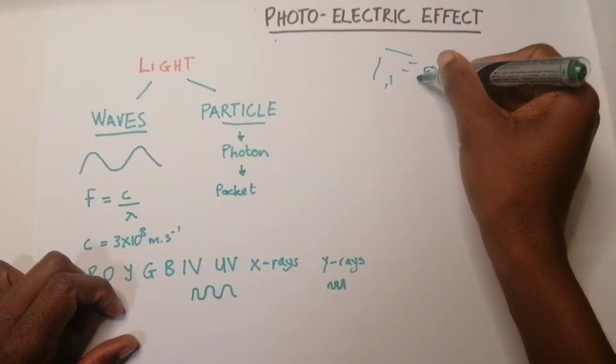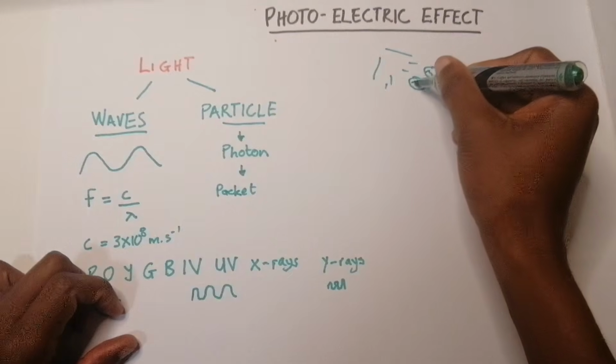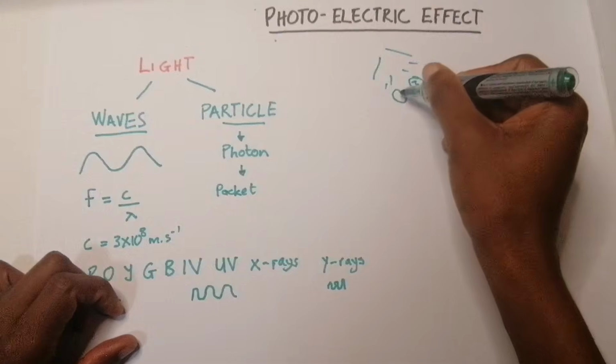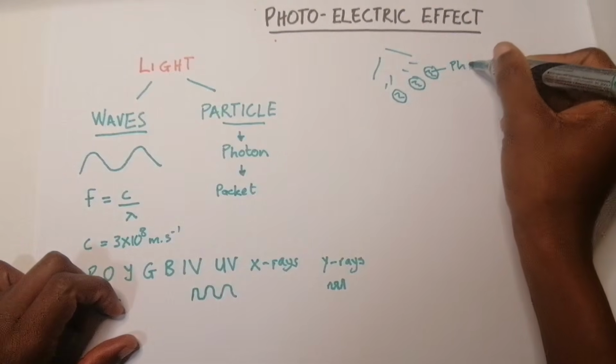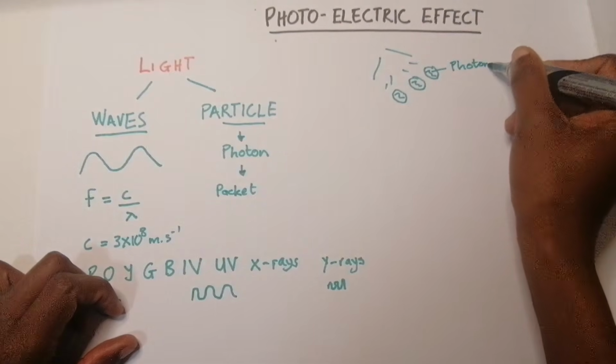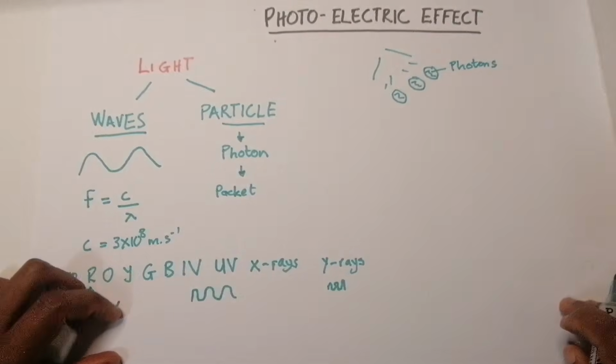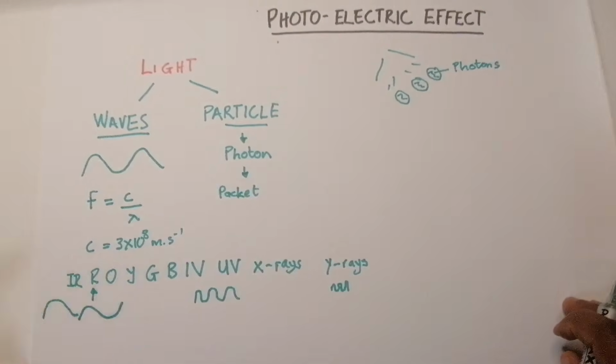Those little packets of energy are referred to as photons. Okay, right. Now, ladies and gents, I want you to please just stay with me as I go through this.